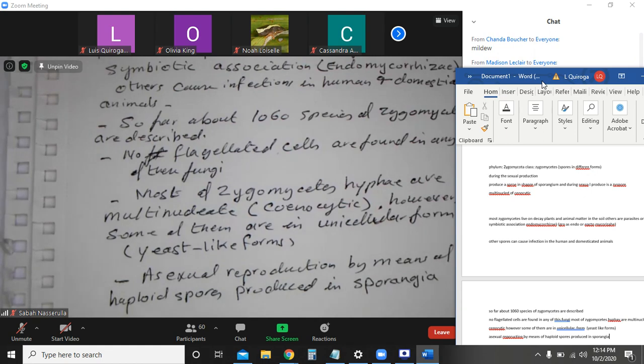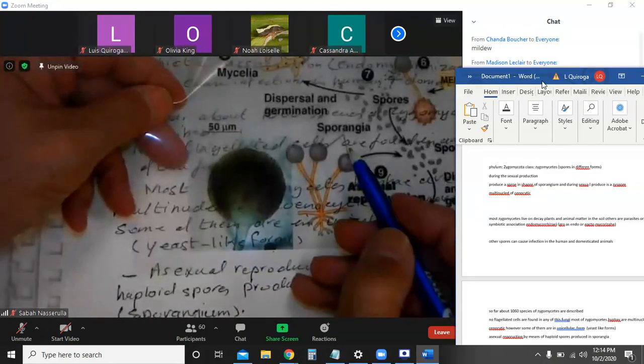Of course, always remember that sporangia is a plural. When you talk about one, the singular is sporangium, as I showed you here.